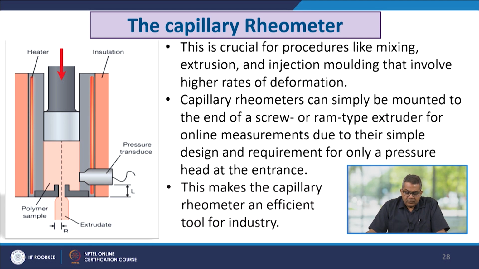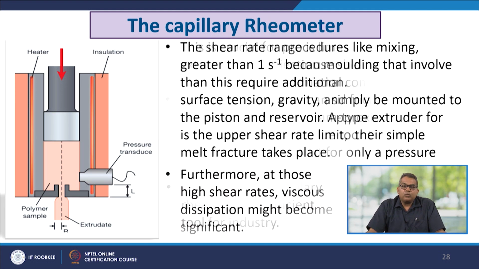Now, this is crucial for procedures like mixing, extrusion, injection molding that involve higher rates of deformation. The capillary rheometer can simply be mounted to the end of a screw or a ram type extruder for online measurement due to its simple design and requirement for only a pressure head at the entrance. Now, this makes the capillary rheometer an efficient tool for industry.